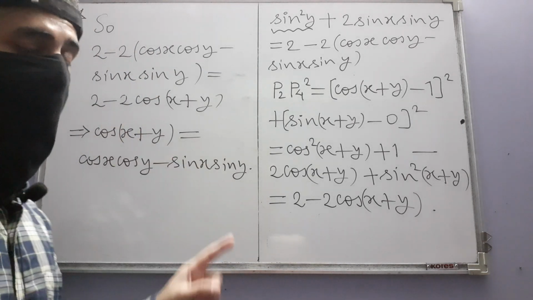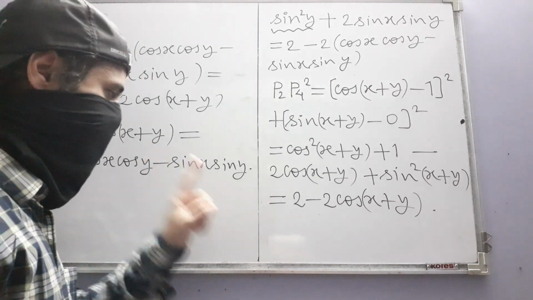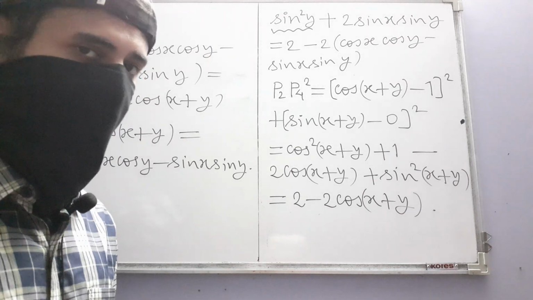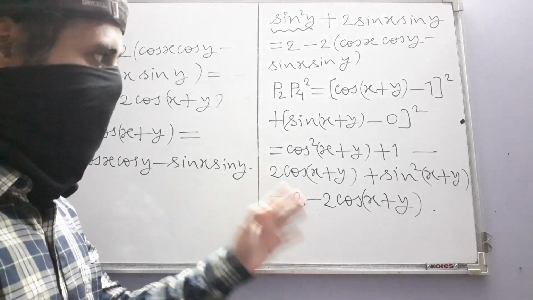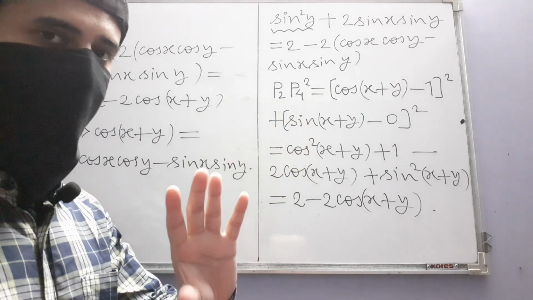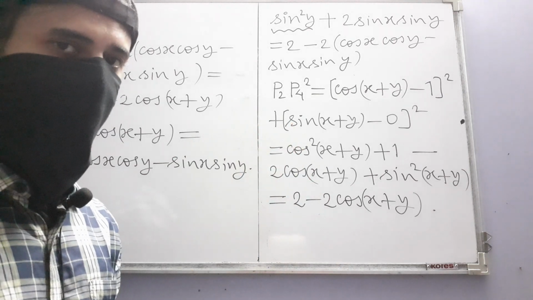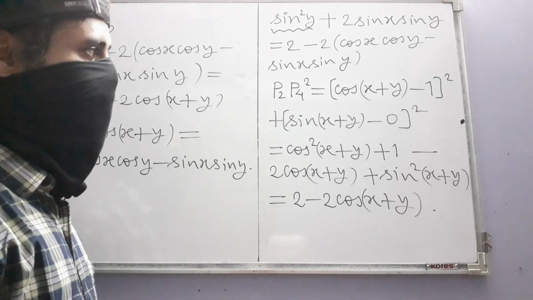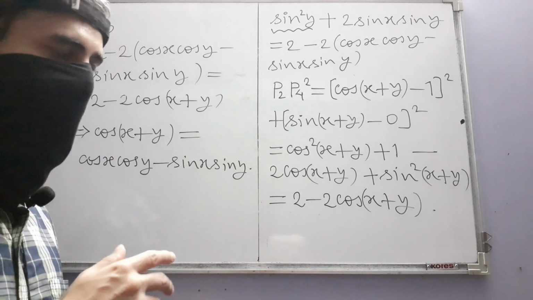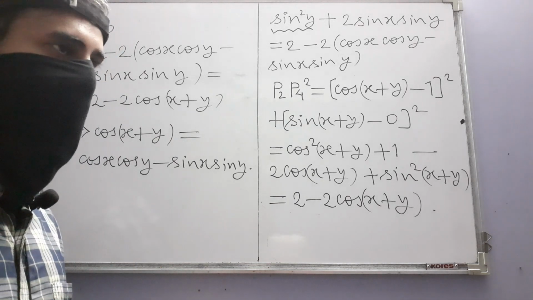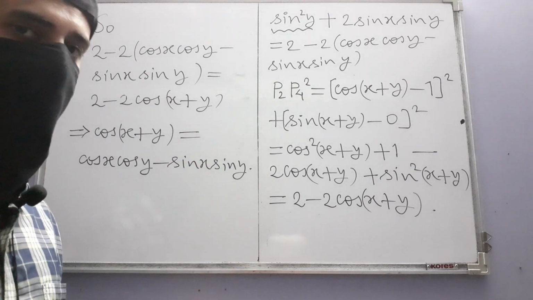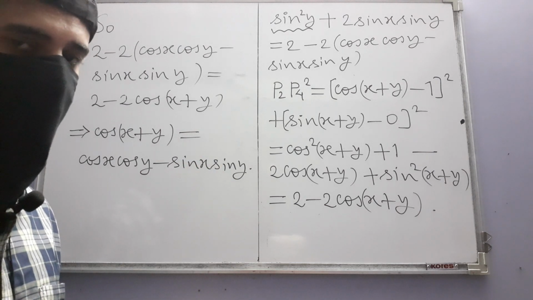Oh, and did you notice one more thing? X and y are in radian, because in the proof we have used our standard definition of the trigonometric functions, and that's why we had to use the unit circle because that was the definition.